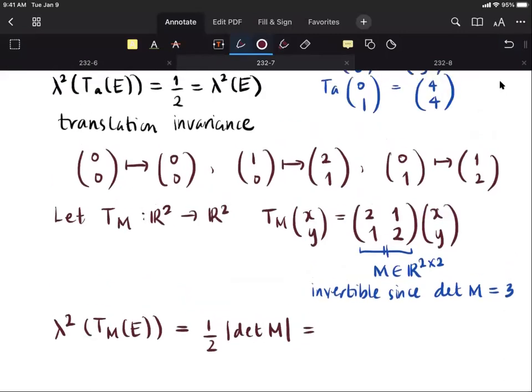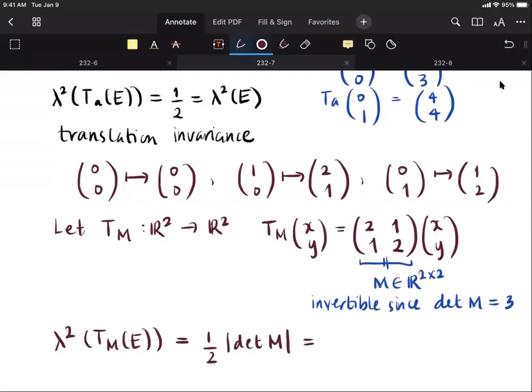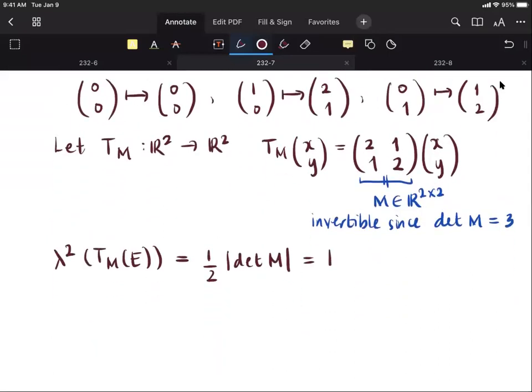But take note that the area of E is 1/2. So we can write this as the absolute value of the determinant times the area, or that is the Lebesgue-Borel measure of your triangle E.